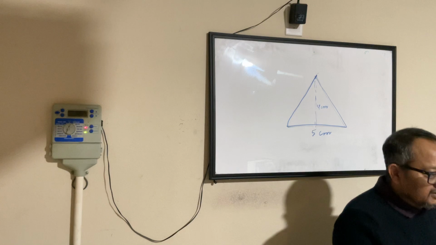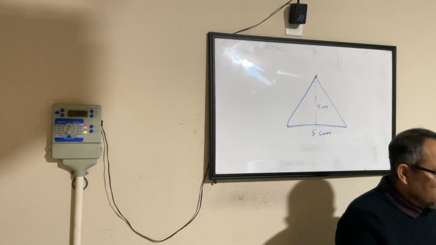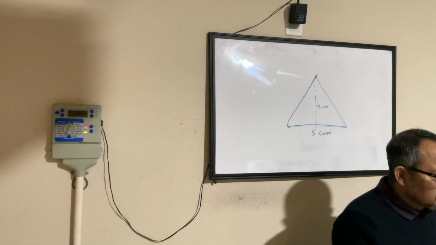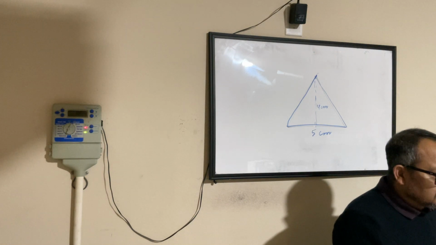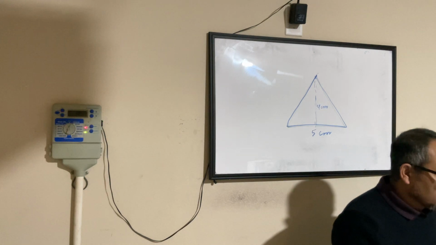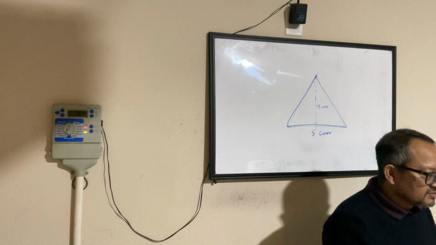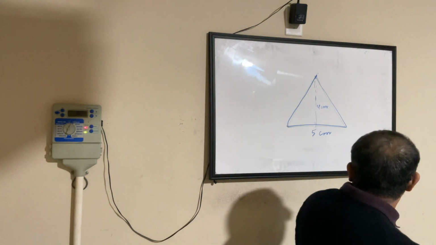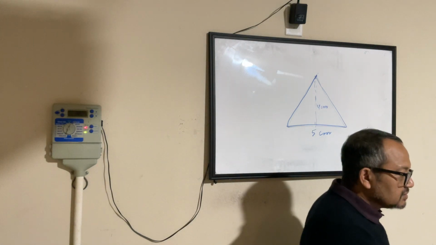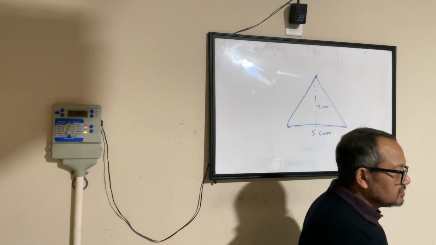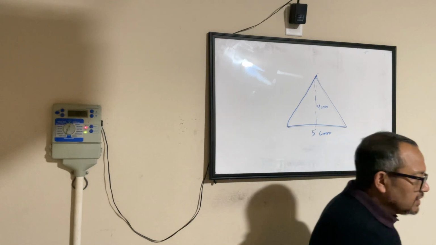Okay, let's see. Rihan, what is your answer? For area, I got 10 centimeters square because the length is in centimeters. Then for perimeter, I got 15 centimeters. Sorry, not square. Okay, let's see what Salmi got.